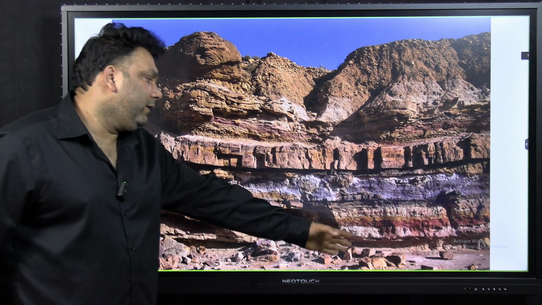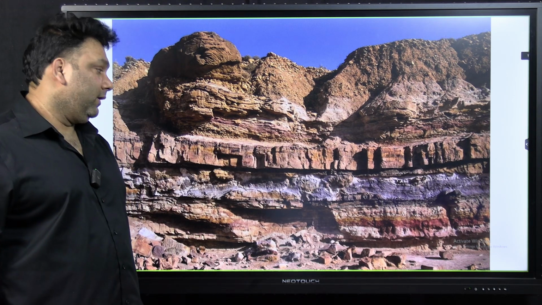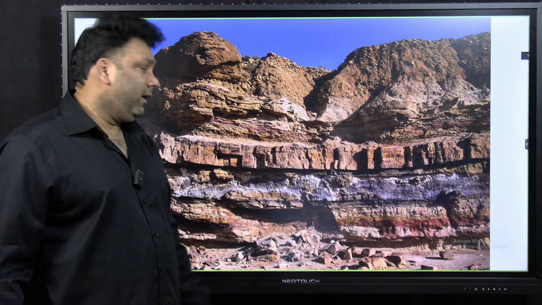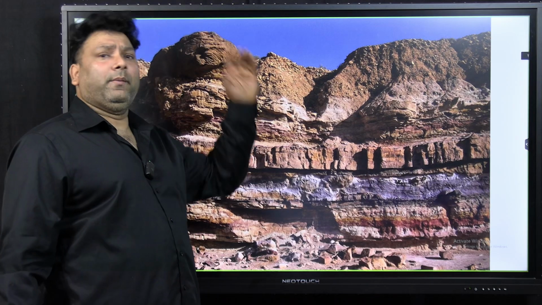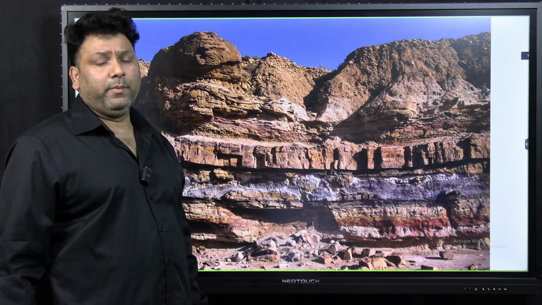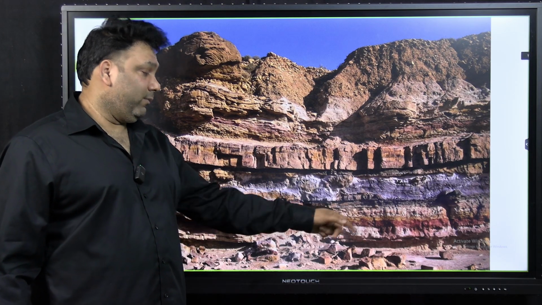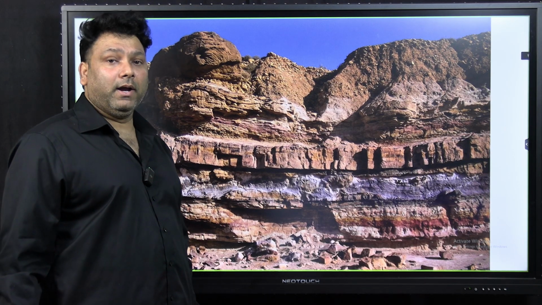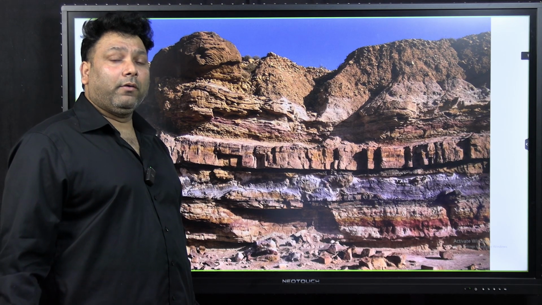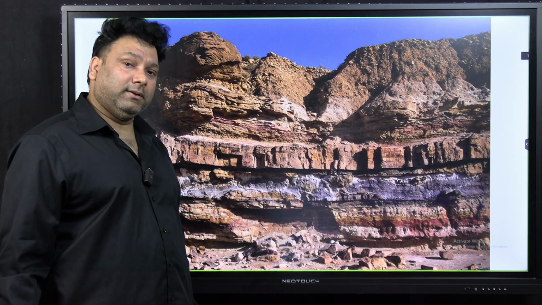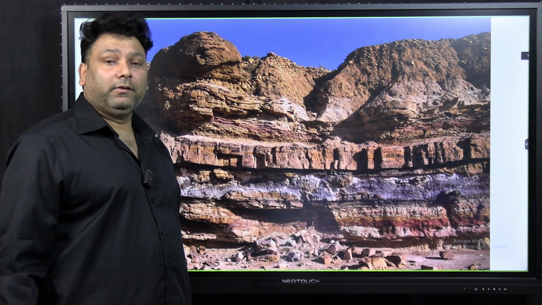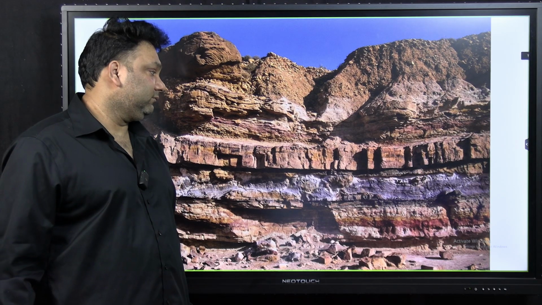Now you see the color differences also here. Now you see a layer here which is more reddish in color. It is because during those times, somewhere in the geological past, maybe millions of years ago, the oxygen content was high, the rainfall might also be high, and the oxidation of iron has taken place immensely, and more iron oxide has been deposited here. So that's why you have this rock reddish in color.